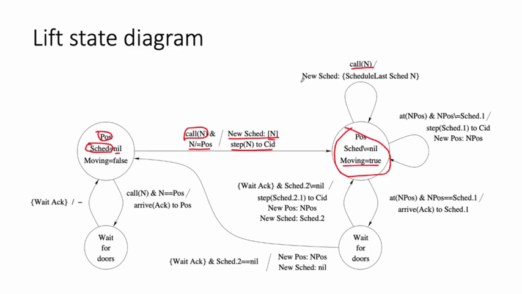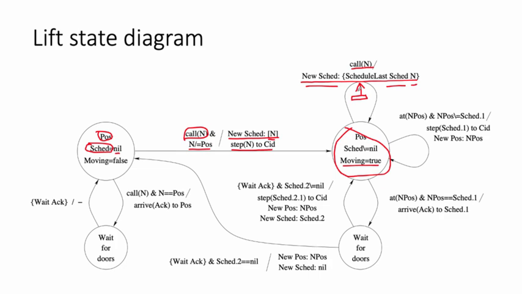Well, I have to add them. So I have a function called schedule last here, which takes the schedule and the new floor and computes a new schedule. Now for this function, I have different possibilities. If I have to go to floors 1, 5, and 6, and then I say 7, by default, I add it at the end of the schedule.